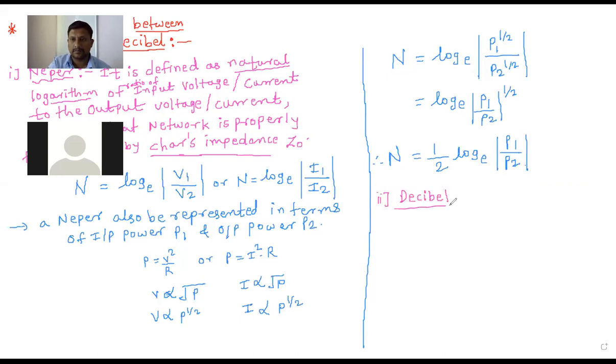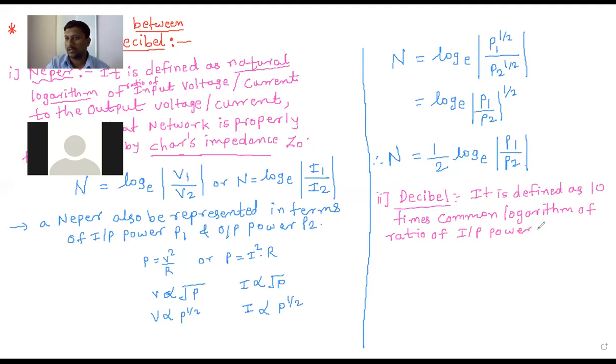Now, the next definition we can discuss is the decibel. It is defined as 10 times the common logarithm. Common logarithm means the base is 10. It is defined as 10 times the common logarithm of the ratio of input power P1 and output power P2.